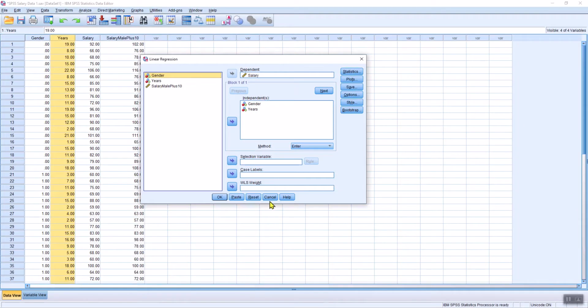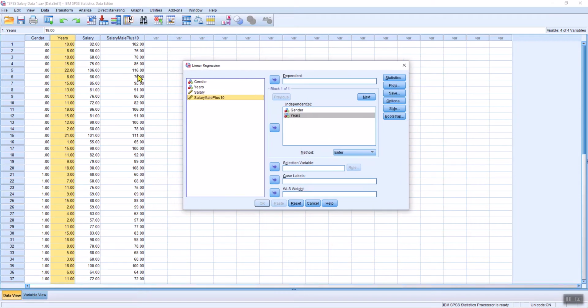So I'm going to run this again. I'm going to take salary out, and I'm going to use salary male plus 10. This is the version of the data where all of the males got an extra 10,000 just for being male. So remember that zeros are males.